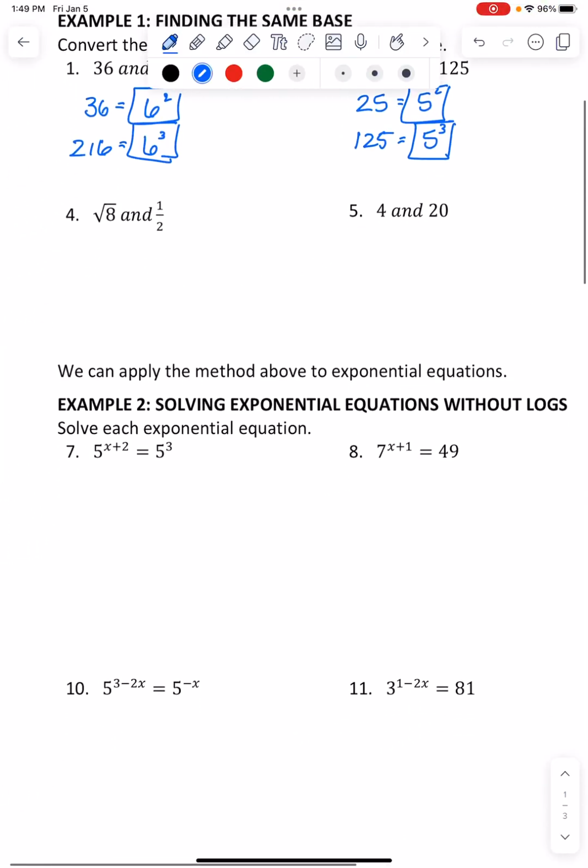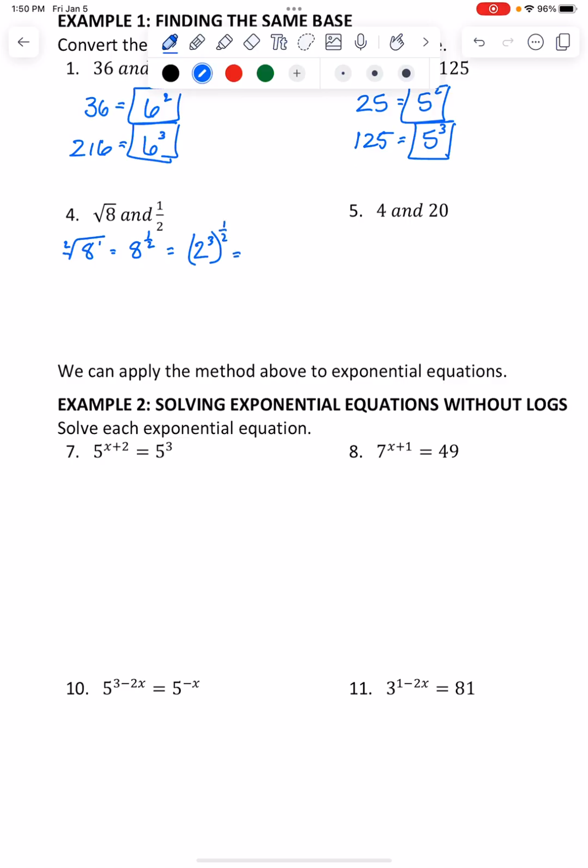Now, number 4, the square root of 8 and 1/2. This one's a little bit tougher. Remember, the square root of 8 we can change to a rational exponent. The power is 1, the index is 2, so we can rewrite this as 8 to the 1/2. Then we can say that 8 is 2 to the 3rd power, and we've still got that 1/2.